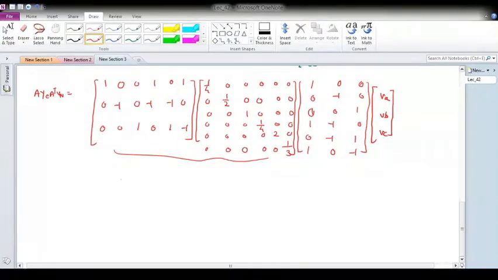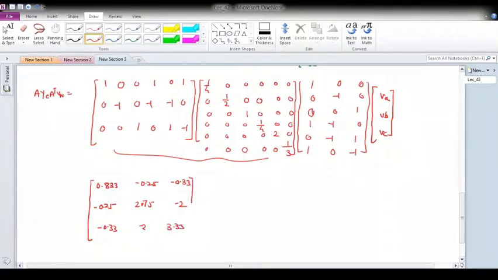If you do the matrix multiplication you get 0.833, minus 0.25, minus 0.33, then minus 0.25, 2.75, minus 2, then minus 0.33, minus 2, 3.33, multiplied with Va, Vb and Vc.